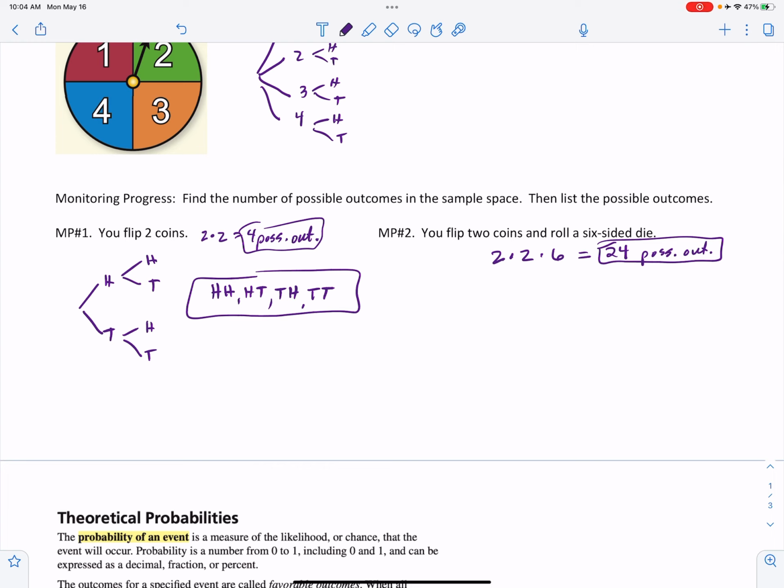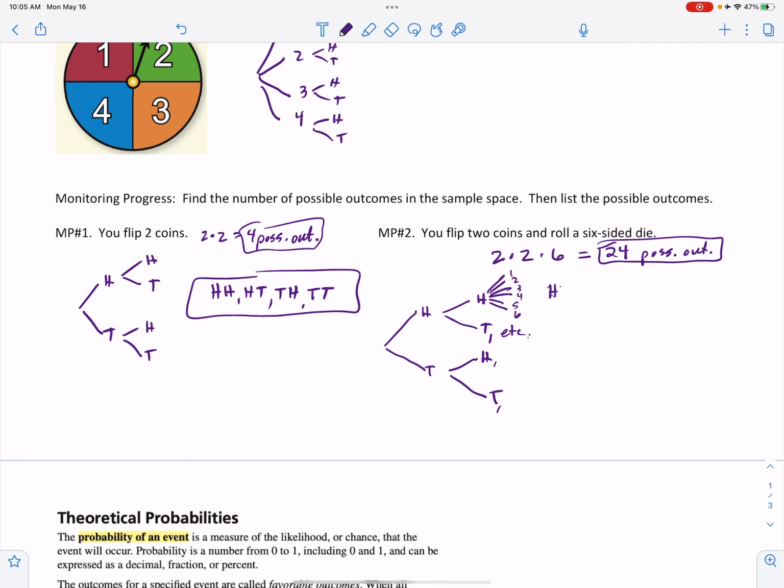And so, again, we're going to start with heads and then tails, and from there we get heads or tails, heads or tails, and then off of each of these you're going to have those 6 outcomes. And so that's going to be true off of each of these ends, getting us the 24. And I think that's enough to go ahead and write them out.